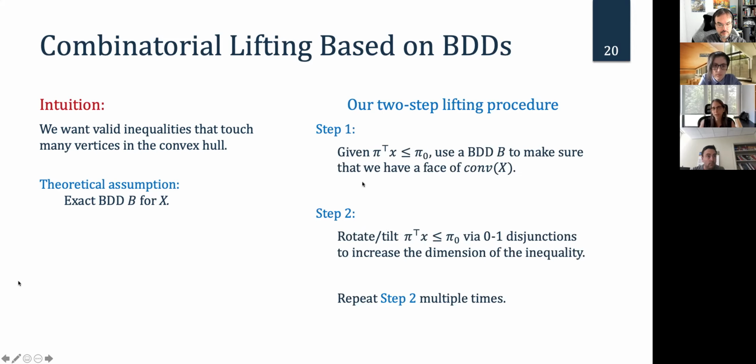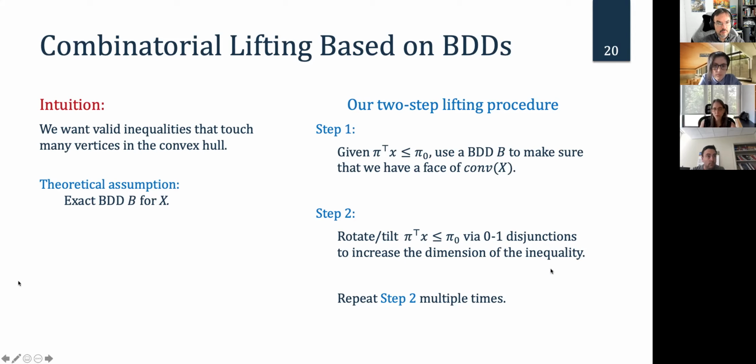We have basically two steps. The first one is that if we get any constraint, we can use the BDD to make sure that it at least touches our convex hull, so that at least we have a face. This is something that already existed and it's very simple. I will explain that later.